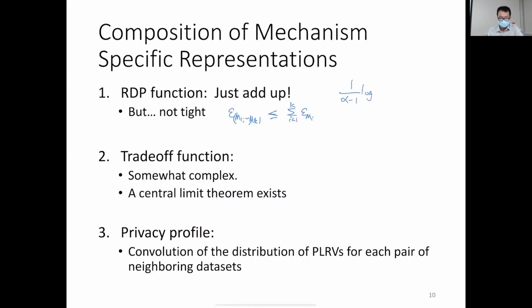So take the definition of the RenE divergence, which gives us e to the power of alpha minus 1 times the divergence, which is the expectation under Q of the ratio P over Q to the power alpha. Then suppose we have another mechanism that got added to this, with P prime and Q prime.